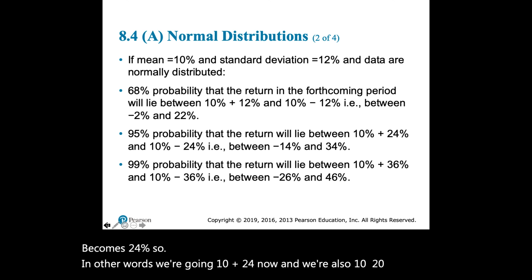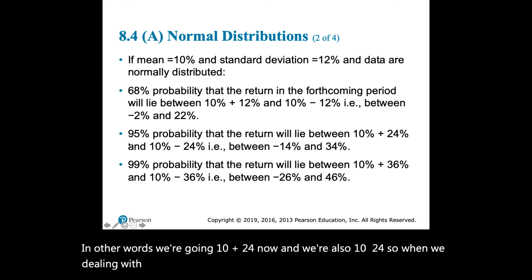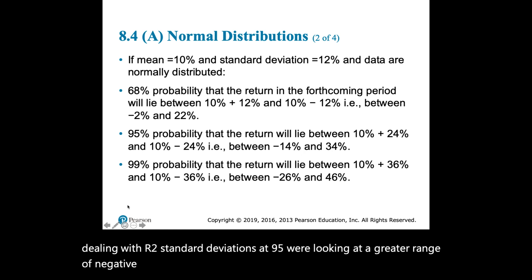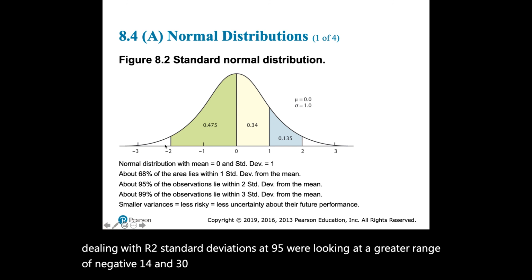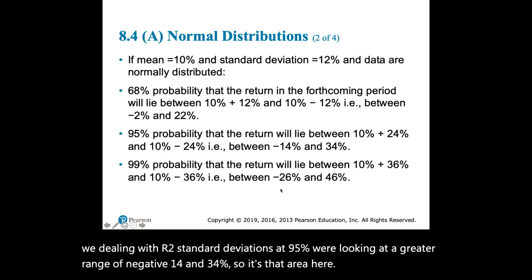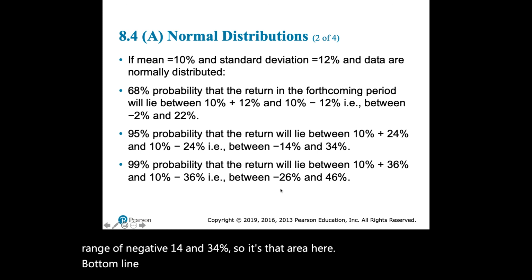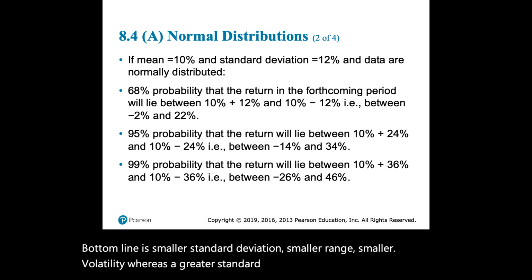It's that area here. So again, bottom line is smaller standard deviation, smaller range, smaller volatility, whereas a greater standard deviation means that there's less certainty, more volatility.